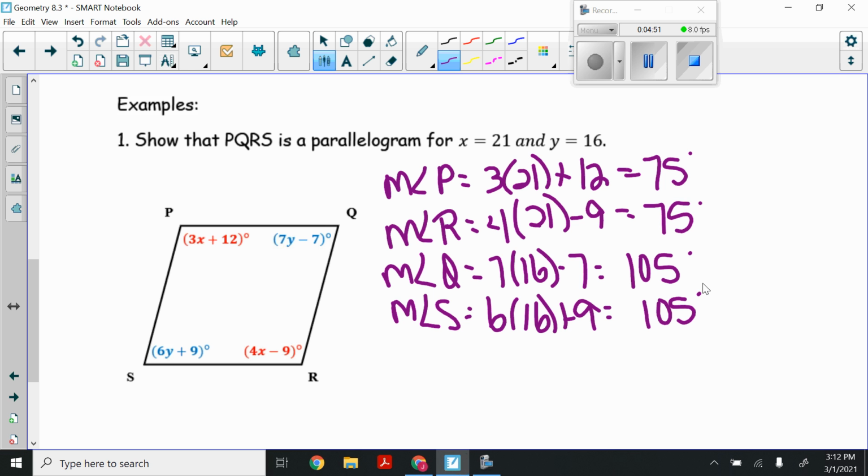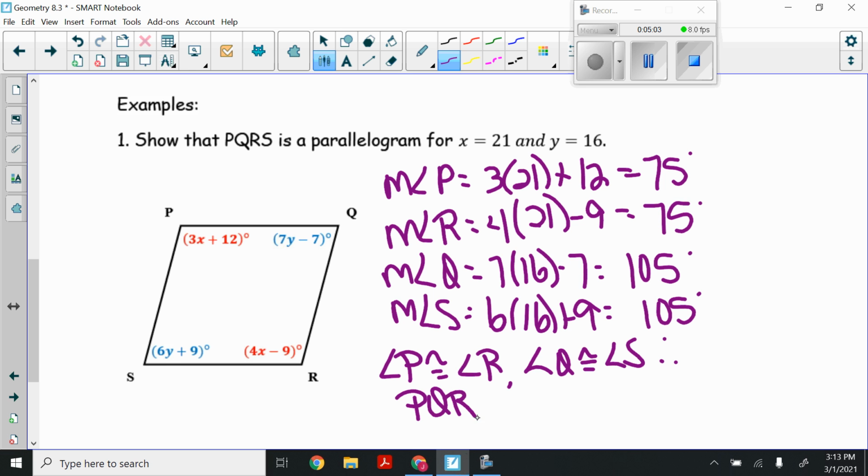So I've just shown that angle P is congruent to angle R, angle Q is congruent to angle S, therefore I can say PQRS is a parallelogram. So we've got more work to do today than we did yesterday. We have to plug everything in today.